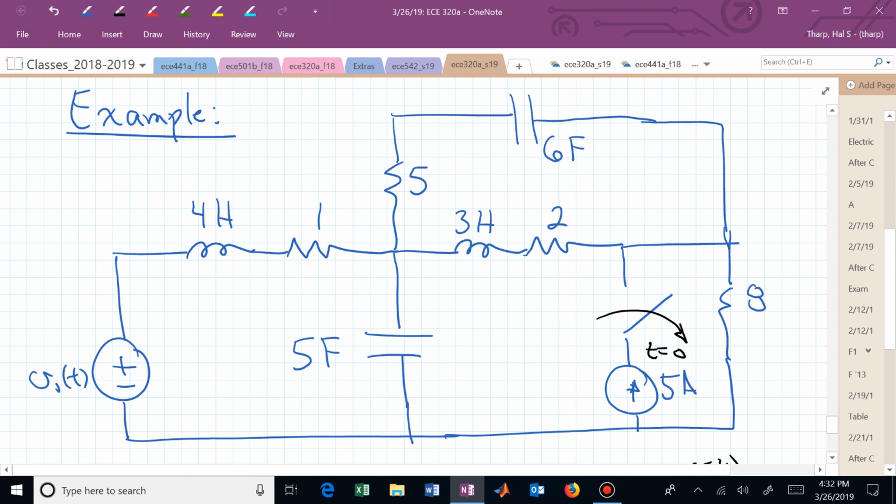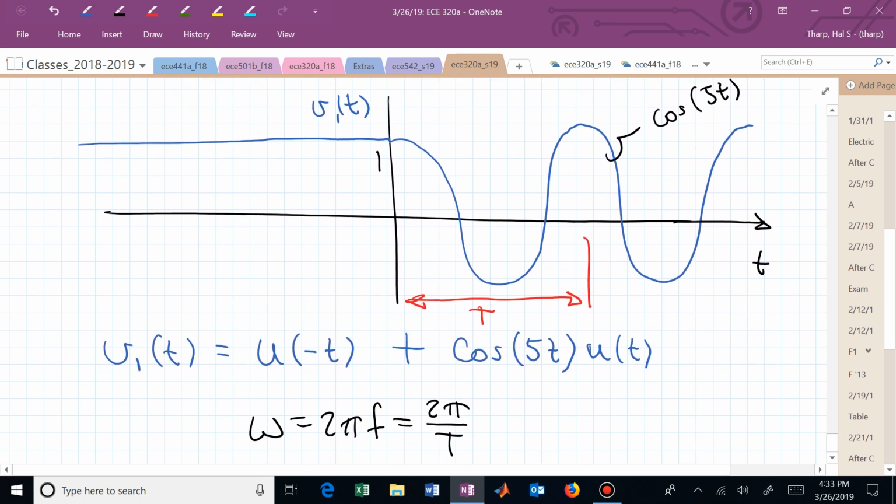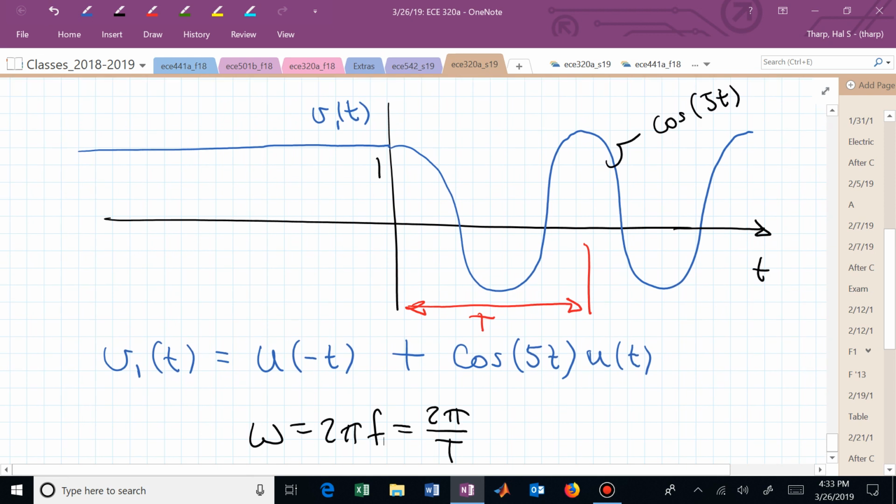Yes. So the question was, you're wondering if they are consistent or compatible at time 0.